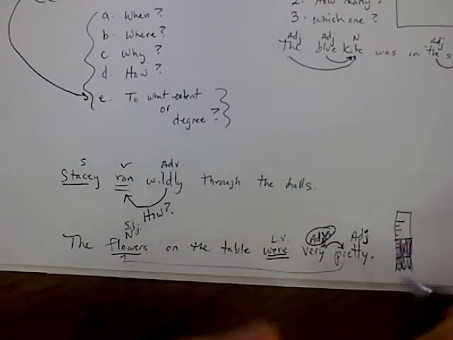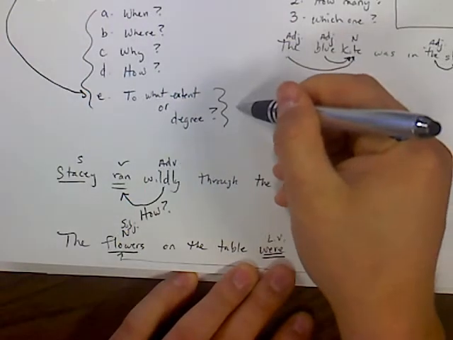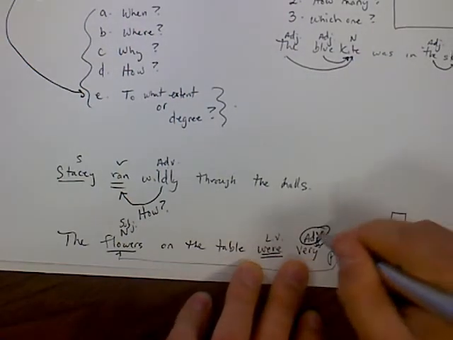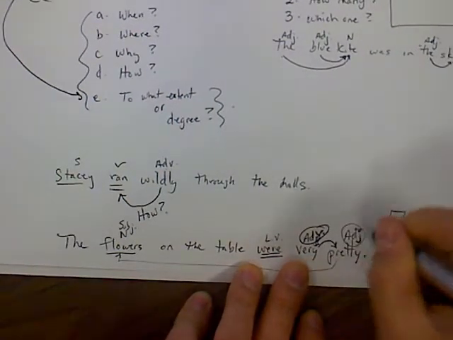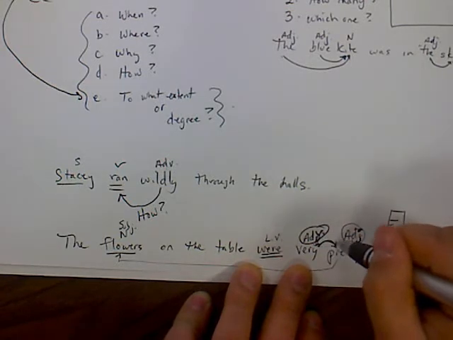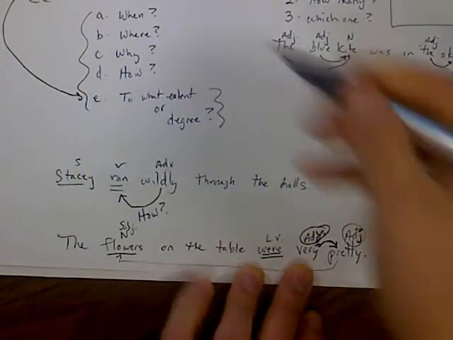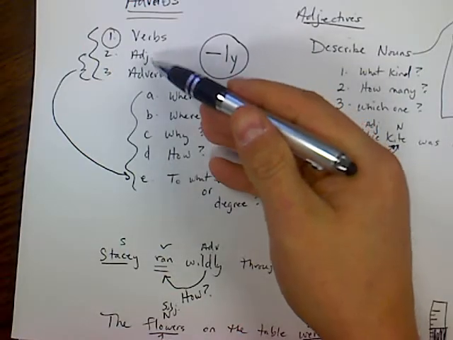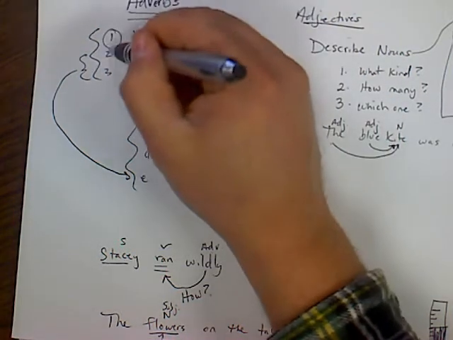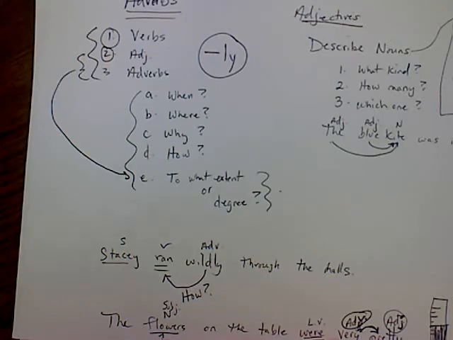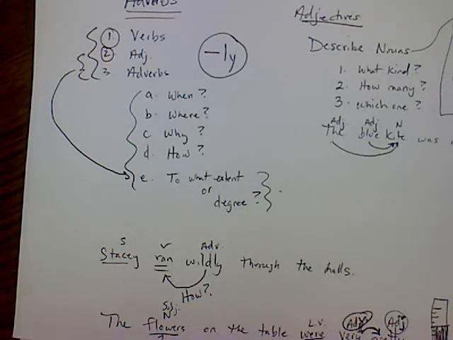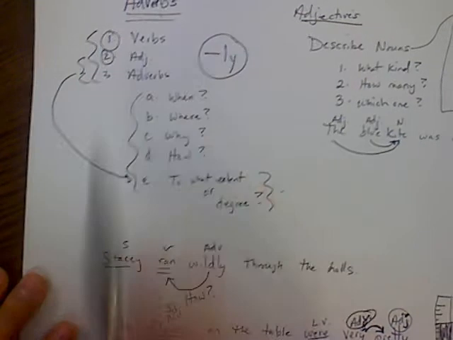The important thing is it answers that question and it is modifying an adjective. Okay, the arrow goes in this direction. It tells more about pretty. Therefore, it's also accomplishing one of the three things that adverbs have to do. And so that would be an example of an adverb modifying an adjective.